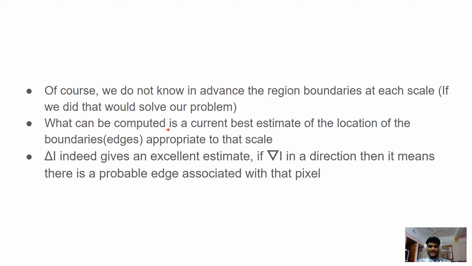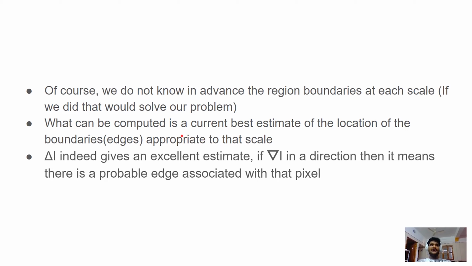What can be computed here is a current best estimate of the location of the boundary edges appropriate to that scale. Now scale here again means time. Don't get confused. Sometimes scale means enlarged or something, but that's not the case here. Scale here means time. Now what we want is a current best estimate of the location of the edge.